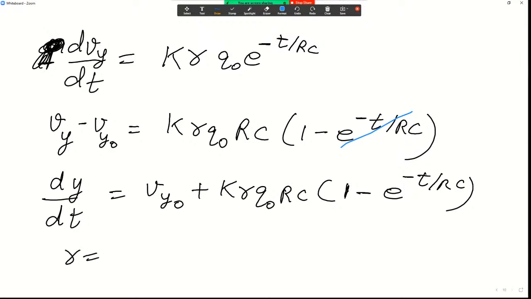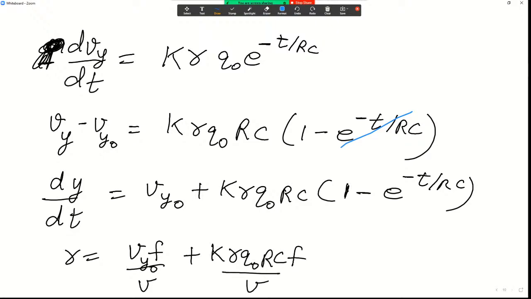So we get y equals to Vy0 into T, and we can substitute T as d over V. We get K R Q naught RC d over V times this integral, which would become negative RC e to the minus d over V RC, 1 minus 0.